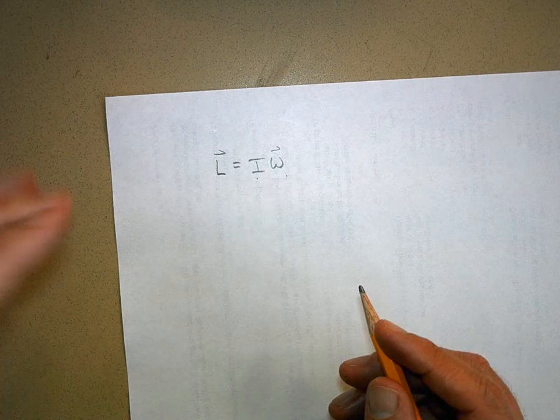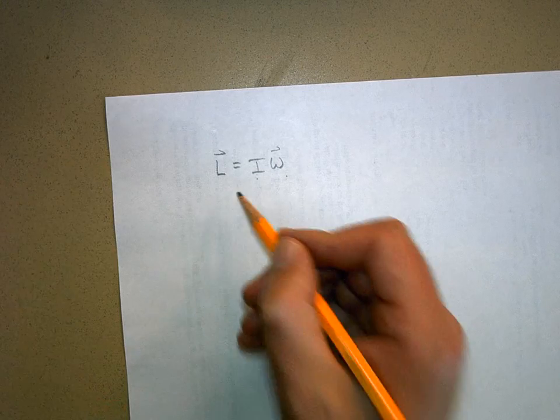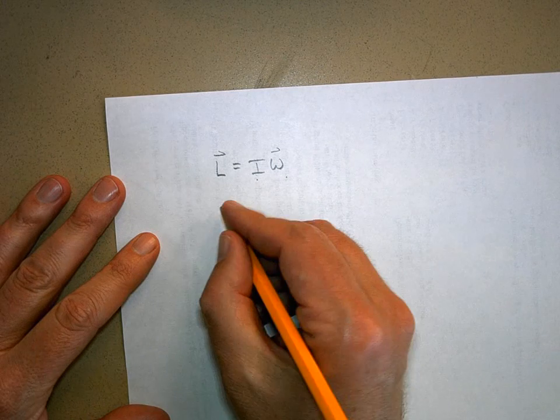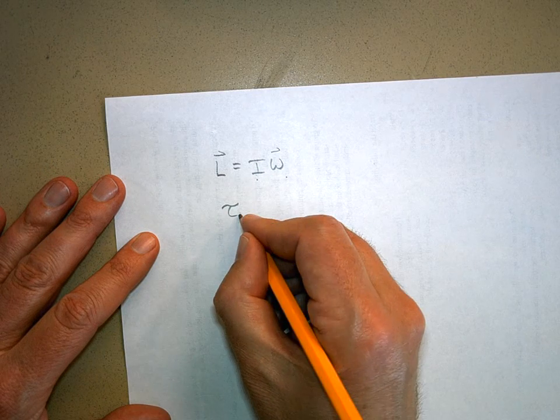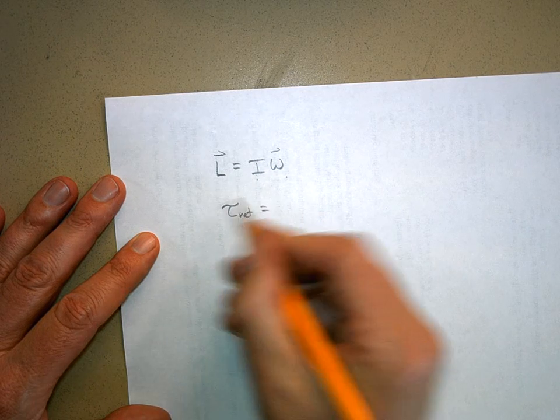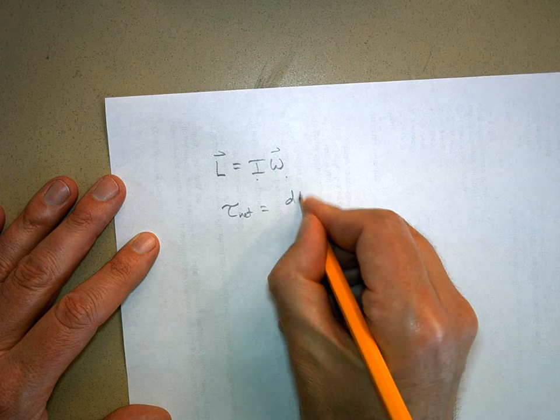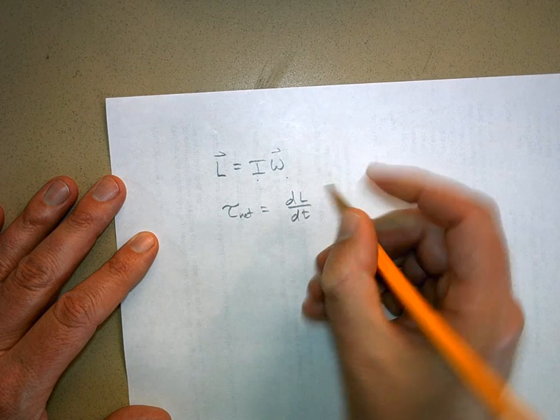Now, we've said before that if you have a net torque on an object, that's going to be equal to dL dt, the rate of change of angular momentum.